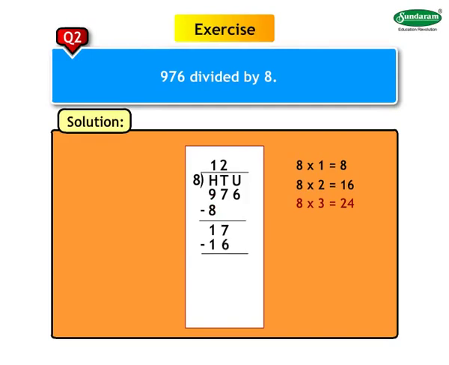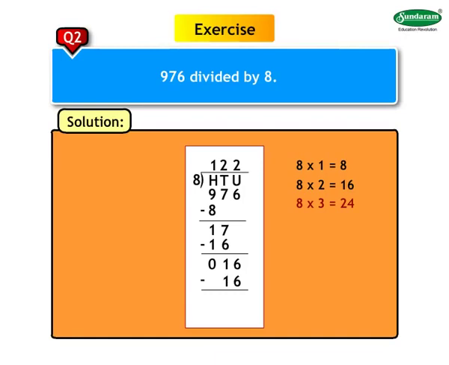Subtracting 16 from 17, we get 1. Now, bring 6 from the units place of the dividend down and write it in front of 1. Thus now, we have to divide 16 by 8. As 8 twos are 16, we will write 2 in the units place of the quotient and 16 below 16.